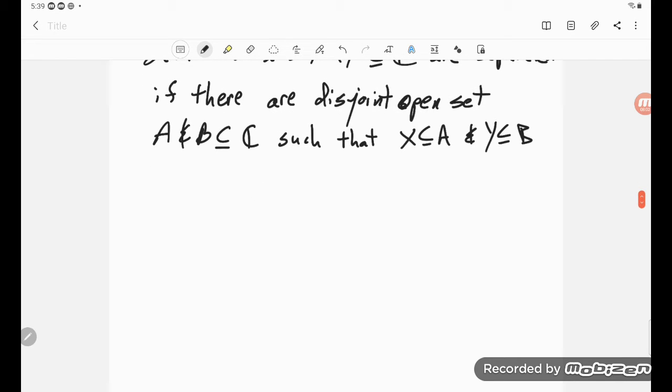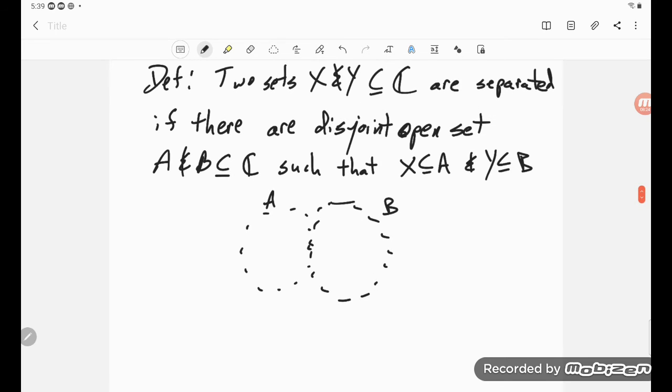Okay, so what that's saying is, I can draw some open set here that I'll call A, and some open set there that I'll call B, and then X and Y have to be somewhere in here. Now, they may be closed, they may be open, they may be neither, but the idea is that they're at least separated by a point. Now, they could share a boundary, right?